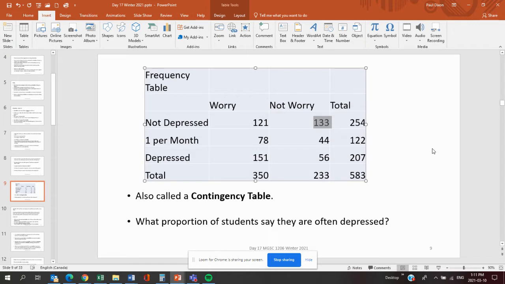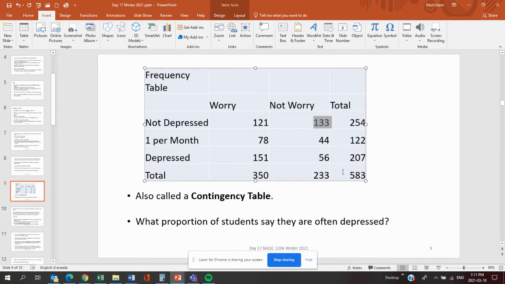So this table that I've got, in a statistics course, would be called a contingency table. It describes every contingency in terms of worrying or depression and how many people fit into each. Generally, a contingency table has just frequencies, how many fit what. So I might start out asking, well, what proportion of students say they're often depressed? And what would that be?